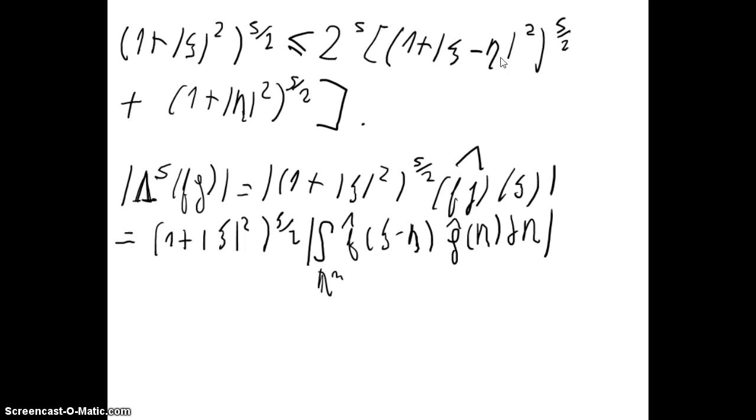Okay, and now using this, we can bound this integral. First we can bound this integral just putting the absolute value inside. This doesn't depend on eta, so it can go inside, and we can bound the whole as an integral, obtaining the following.